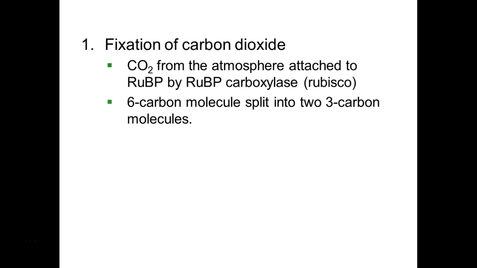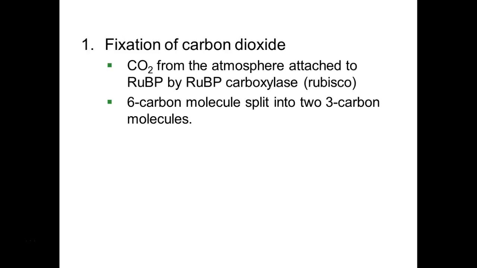Okay. First step, carbon dioxide from the atmosphere gets in through the stomates. If the plant has stomates, it will open through there, and if it's a simple organism like a cyanobacterium, the carbon dioxide is simply going to diffuse across the cell wall and the cell membrane.